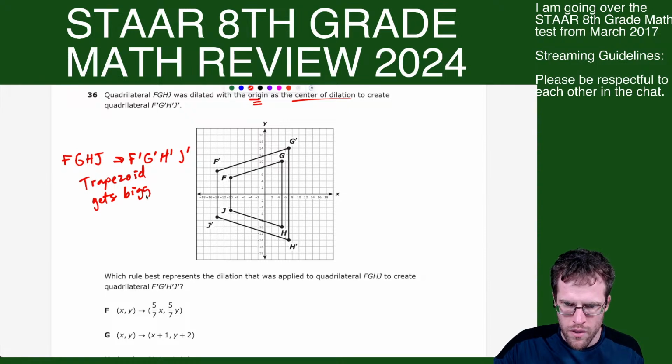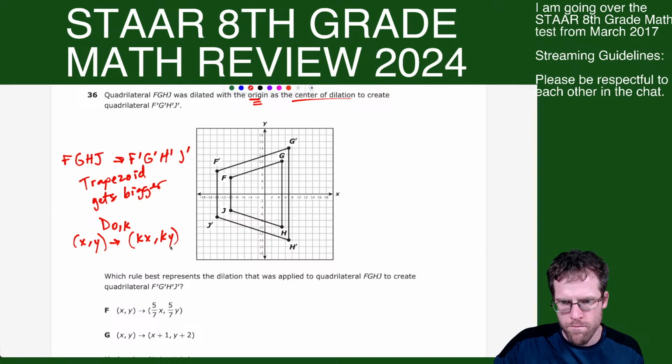It grows. All right, now the dilation, we should also know, when you're dilating at the center, scale factor of K, that your image is the point XY becomes KX comma KY. All right, so we're multiplying. But since the trapezoid is getting bigger, that means K has to be greater than 1.